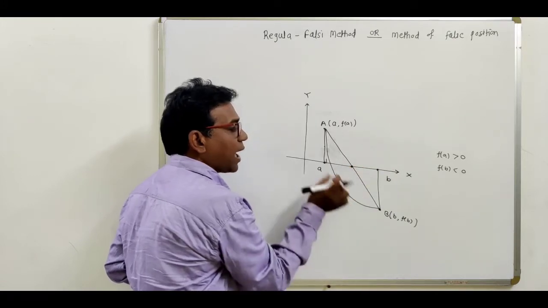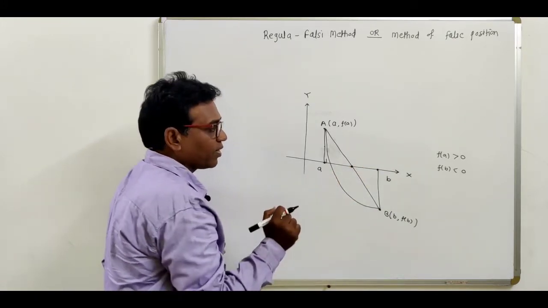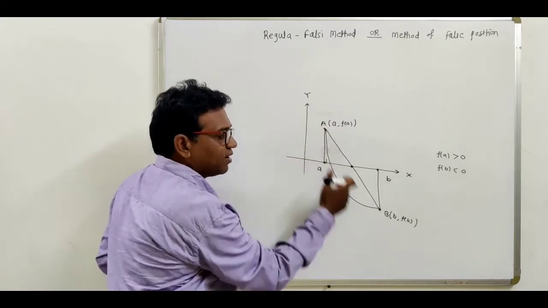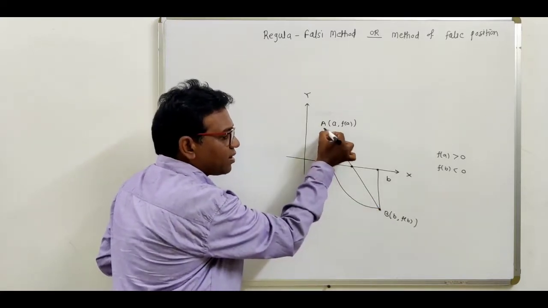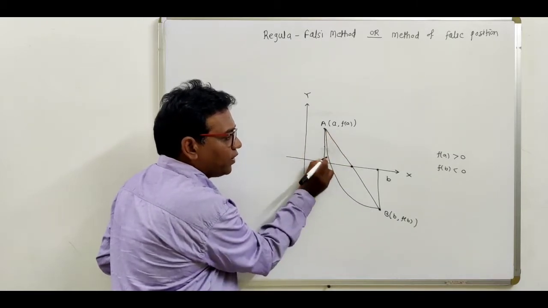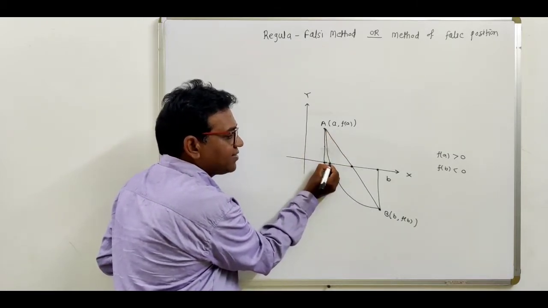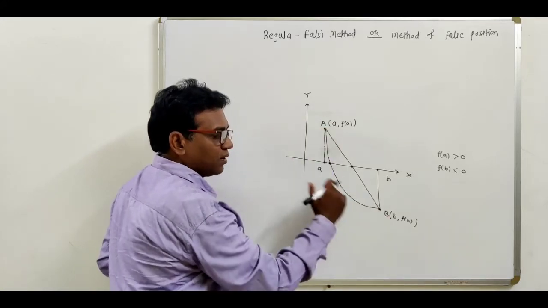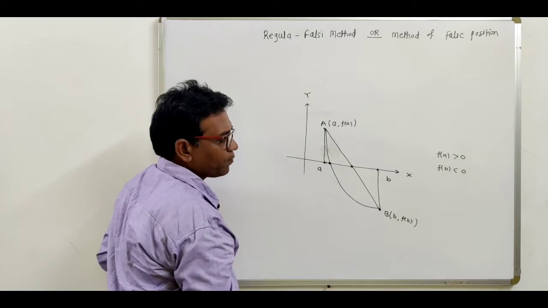So this will be our approximate root. See, we are given some function f(x) = 0, so we have drawn this curve. Now this curve cuts the axis at this point. So this is the exact root, or the actual root, of this equation f(x) = 0.